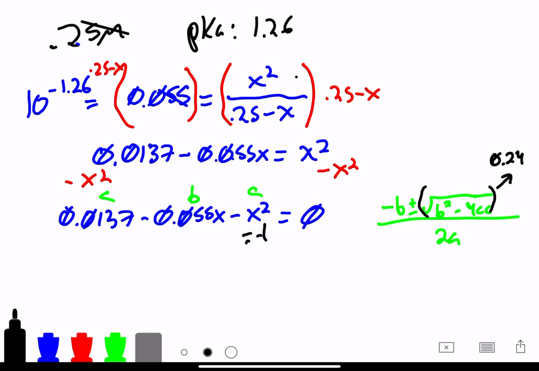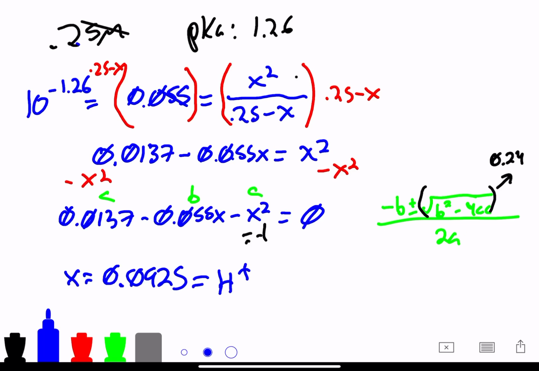So we're going to divide by -2. So if we do 0.055 minus 0.24, that gives us negative 0.185 divided by -2. And what we find out is our answer for x here is going to be 0.0925. All right, now that is going to be our concentration of H+.